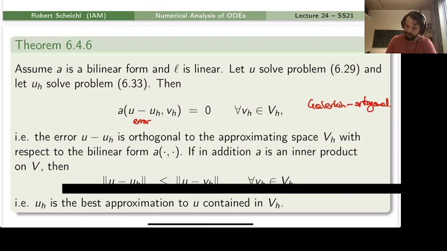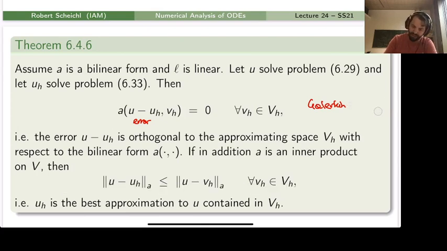Let me just write it so that you don't have it only half here. Galerkin orthogonality. If in addition A is an inner product, so if we also assume that A satisfies the second conditions, namely that it's symmetric and that A(V,V) is greater or equal to 0, with 0 only for the trivial solution, then we have this result, which is now a very strong result.